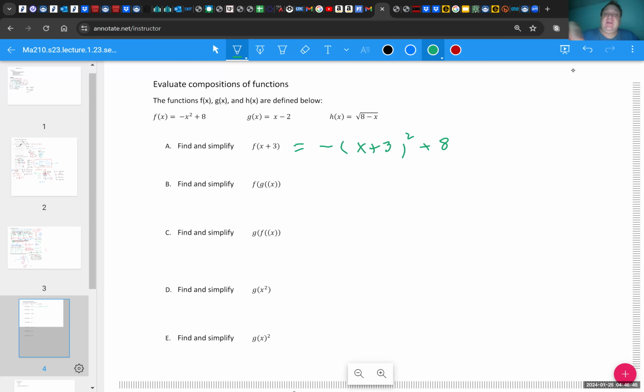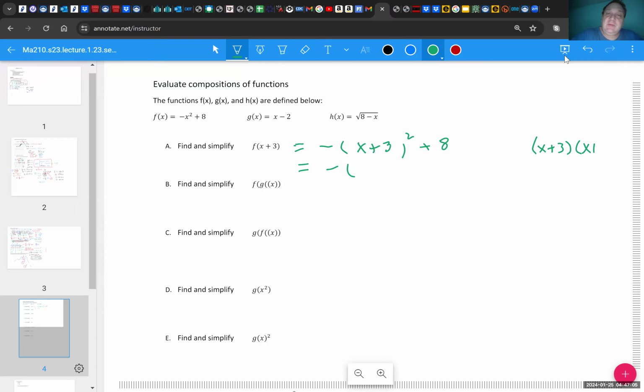I do need to simplify this because we do need to simplify our answers. So I'll square out x plus 3 squared. If you want to do some side work to do x plus 3 squared, remember square means times itself. There's no such thing as a distributive property with squaring or any exponents or square roots or anything like that.